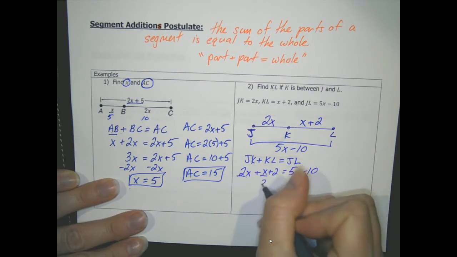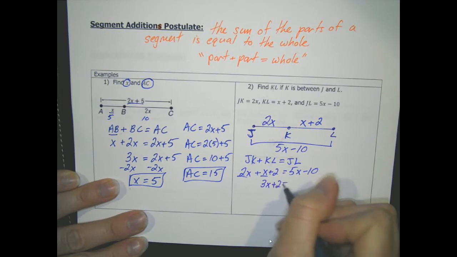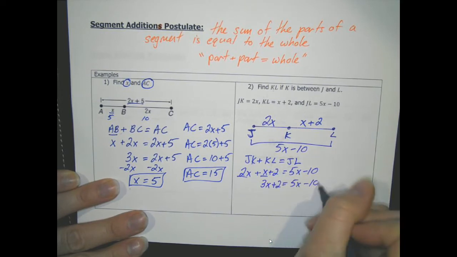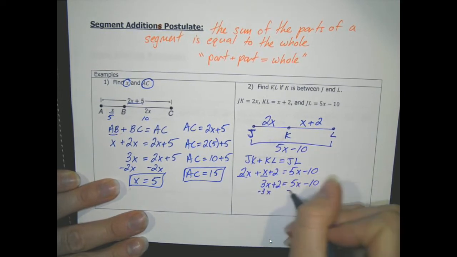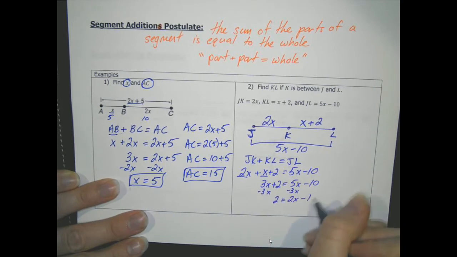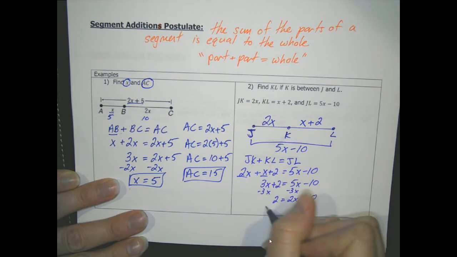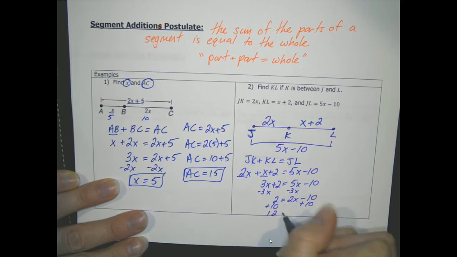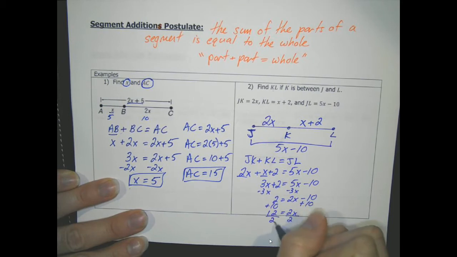I combine my like terms. 3x plus 2 is equal to 5x minus 10. I get my variables on one side. 2 is equal to 2x minus 10. Add 10, add 10. 12 is equal to 2x. Divide by 2, divide by 2, x is equal to 6.